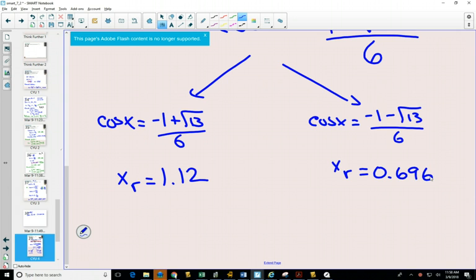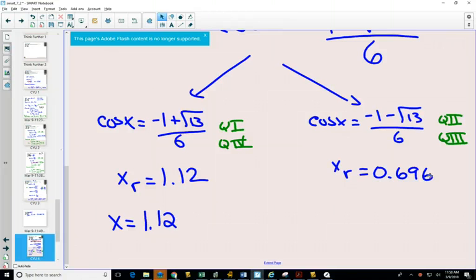We also need to determine whether these fractions are positive or negative, because once we determine this fraction is positive, these answers are going to be in quadrant 1 and quadrant 4. And this fraction, because it's negative, these answers are going to be in quadrant 2 and quadrant 3. So for this one, in quadrant 1 it'll be exactly the same.